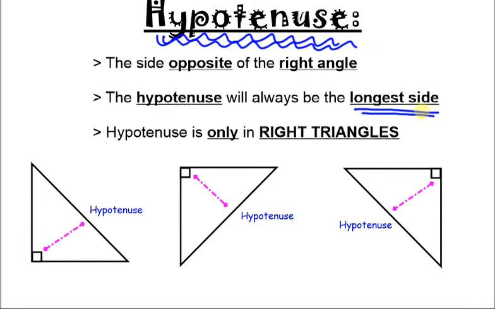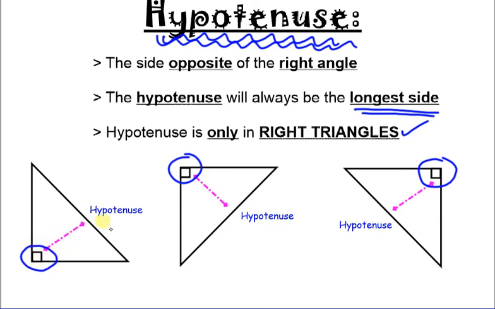The other rule with the hypotenuse is that it's only in right triangles. Only in right triangles. So you're going to see here in my examples, these are all right triangles, and you know that because this little square right here tells you that it's a right angle. And the way that you find the hypotenuse, well, although it's pretty easy to see that this is the longest side, is it's always opposite of the right angle.